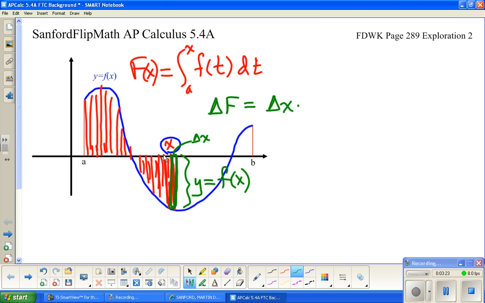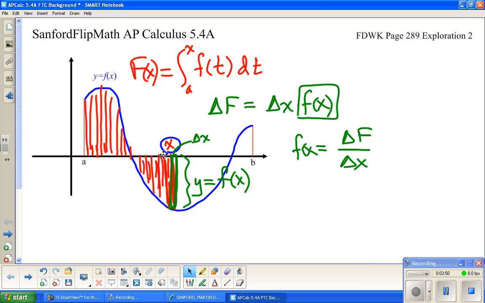So we say that that was the height, so times f of x. Then I want to solve this for f of x. So f of x equals, dividing by delta x, delta f over delta x.